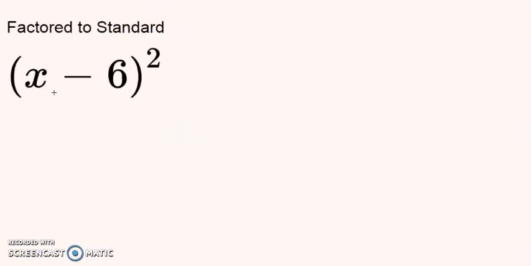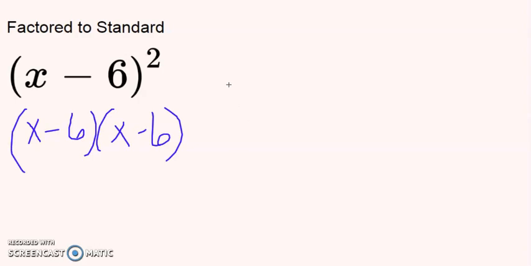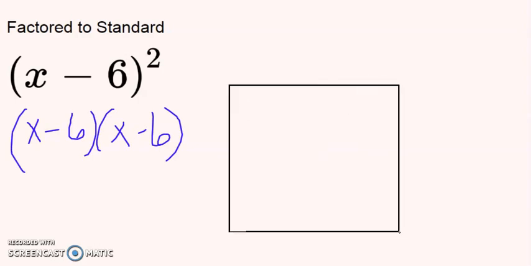Let's look at this example. x minus 6 squared. There's a 2 there, so we're going to expand this and repeat this factor twice. So we have x minus 6 times x minus 6. For this example, I'm going to go ahead and draw a box and show you the box method.